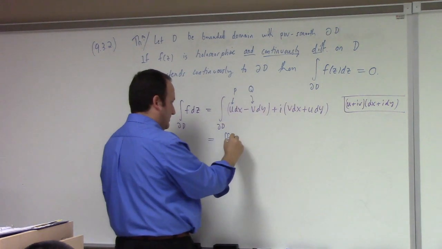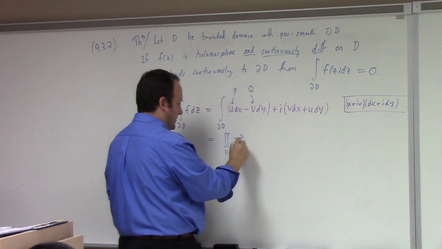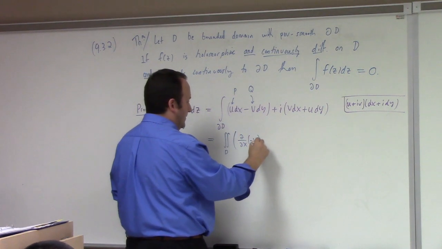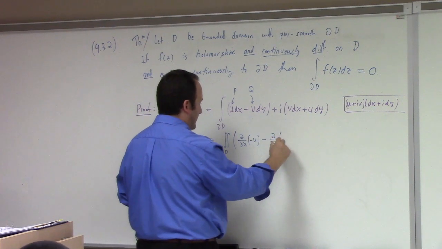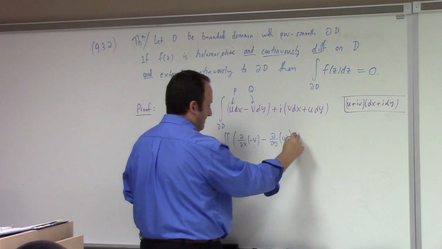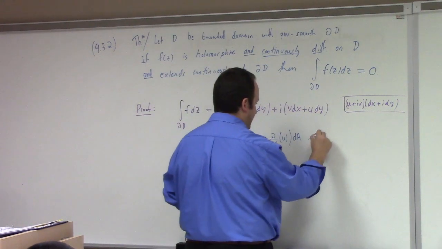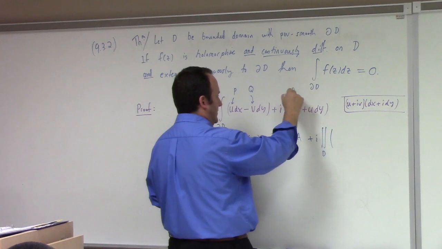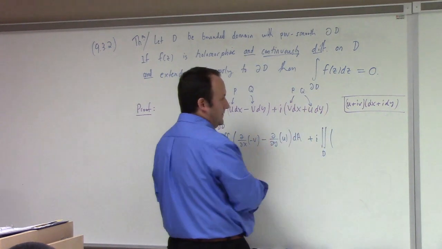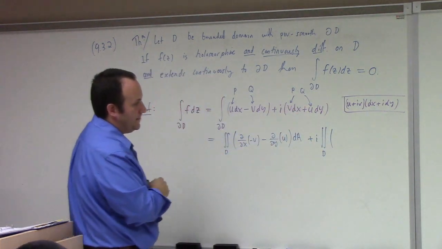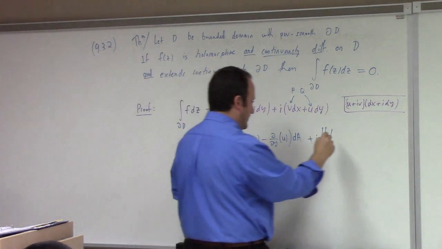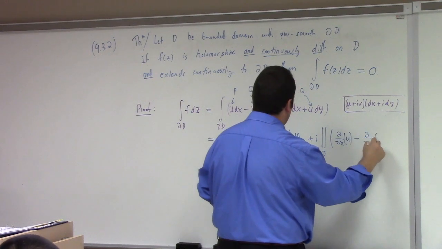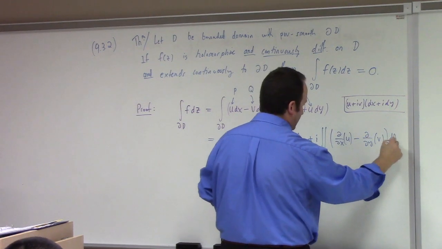So we've got minus partial x of minus v, minus partial y of u dA, plus i times the integral over D. And over here, this is my p and that is my q, in Green's theorem, yeah? So I'm supposed to take partial x of u minus partial y of v dA.